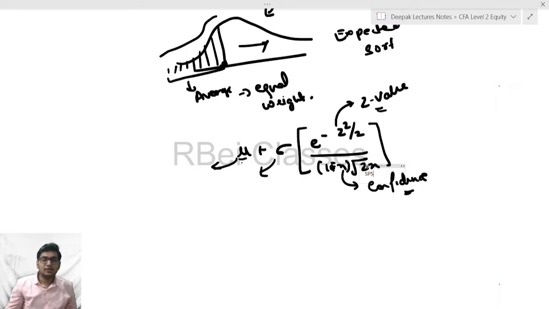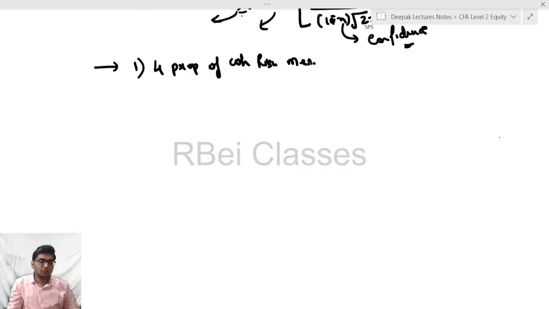Now coming to the next point, if I ask you to tell me four reasons why expected shortfall is better than VAR. The first reason is that expected shortfall satisfies all four properties of a coherent risk measure. VAR will also satisfy all four properties of a coherent risk measure, provided one condition is met.